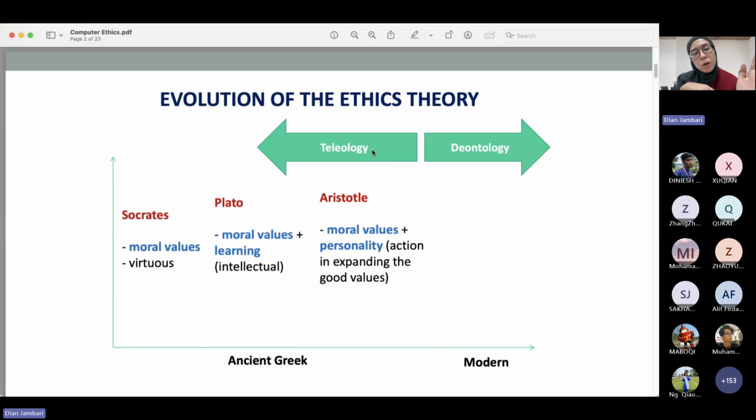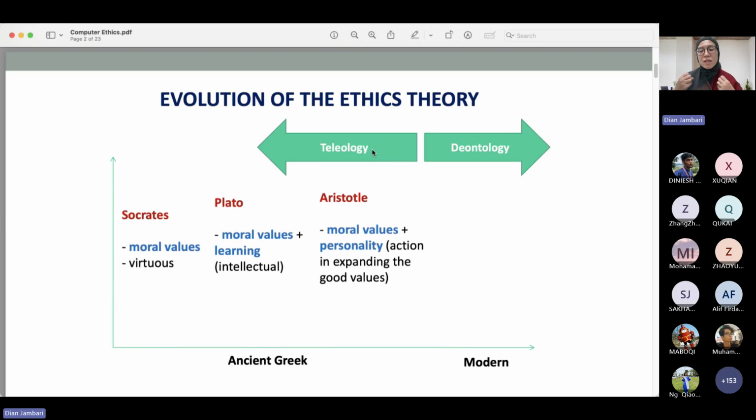And then there's another philosopher, of course, called Aristotle. Aristotle also provides ethics based on Socrates. But from Aristotle's perspective, ethics must include, with moral values, the personality. And what does it mean by personality?